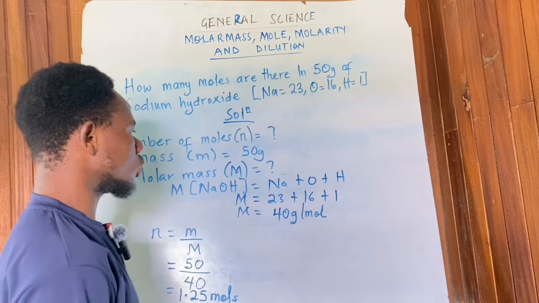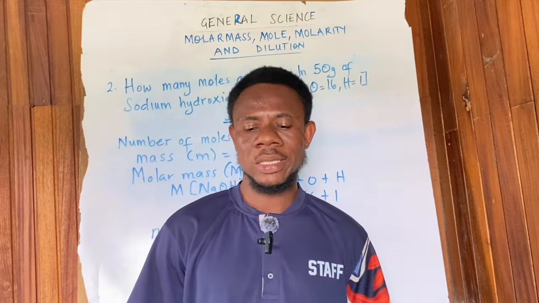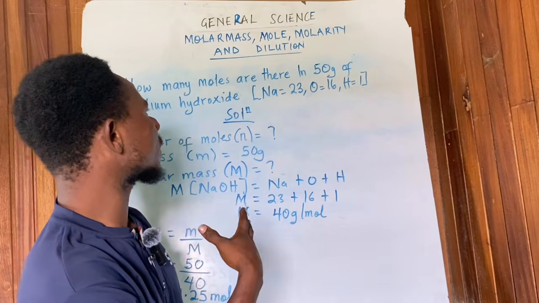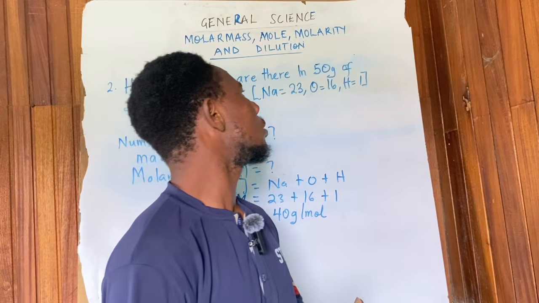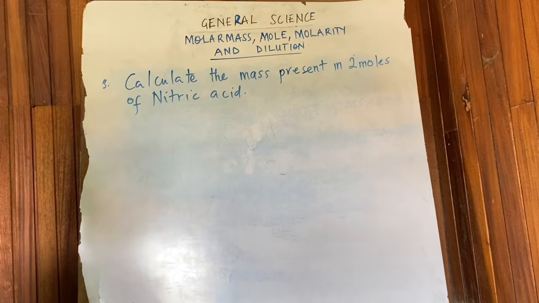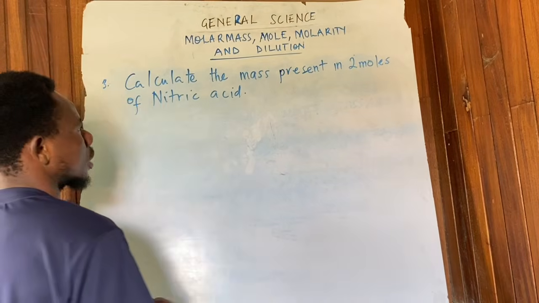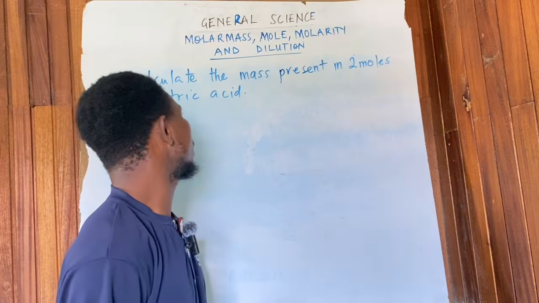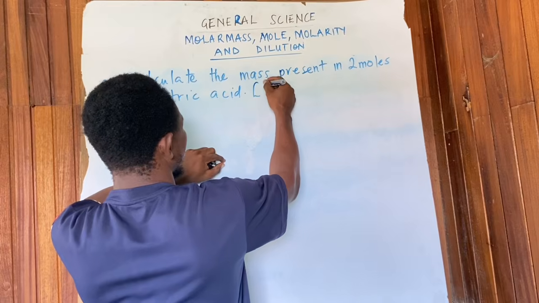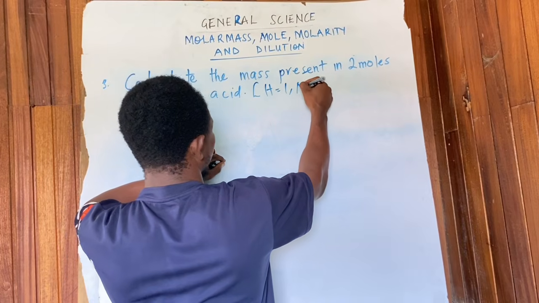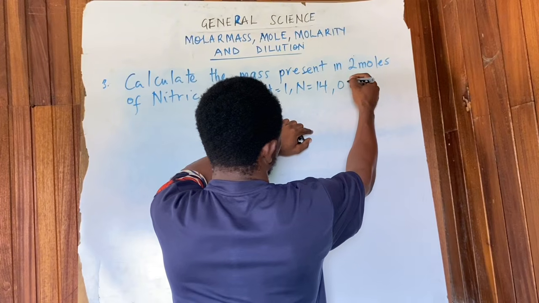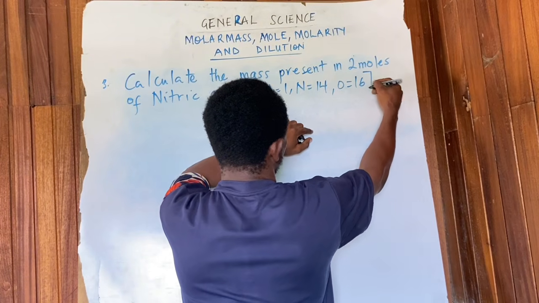Let's do the last example on the amount of substance, the mass, and so calculate the mass present in 2 moles of nitric acid. So H is 1, N is 14, O is 16.